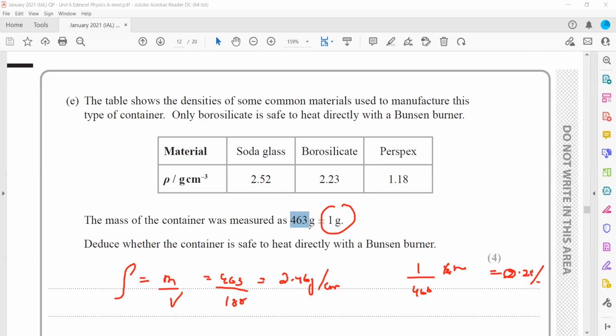So 0.21% uncertainty in mass, and the volume uncertainty is already there, which we calculated. That was around 2.4, I guess.